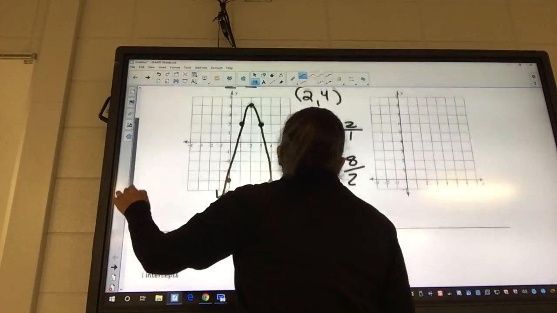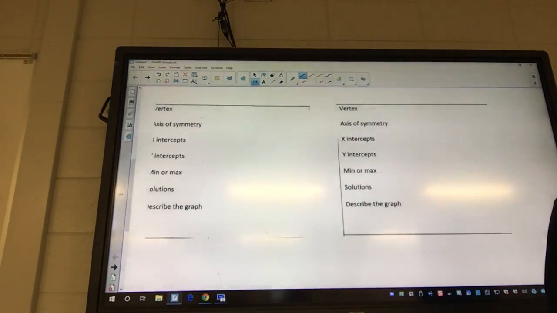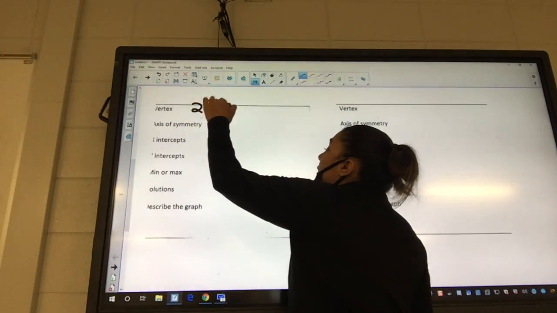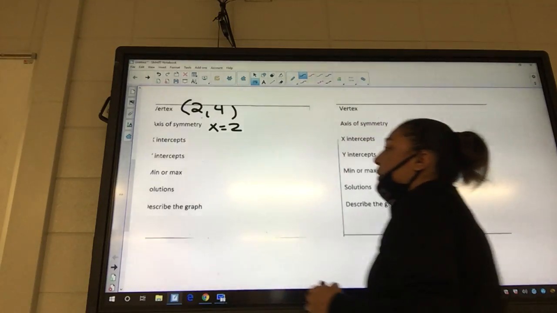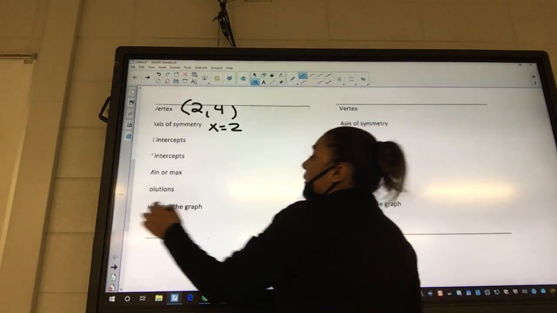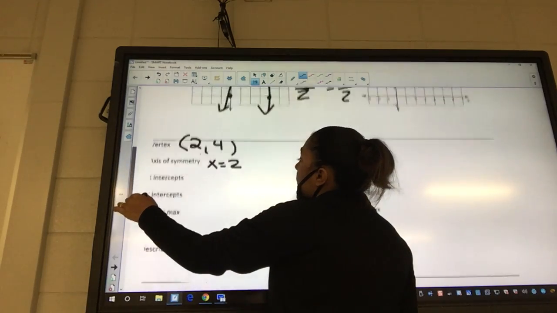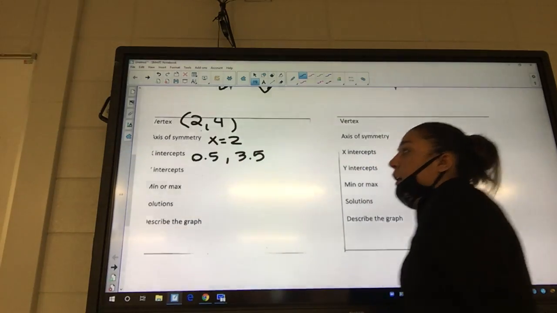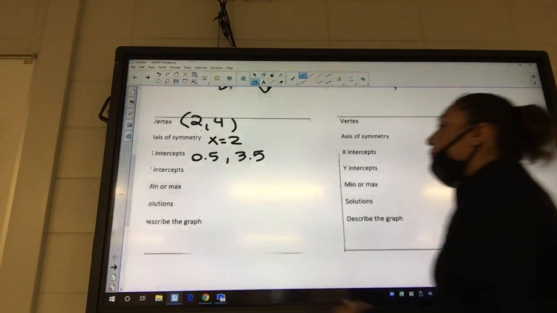Okay, and then it's just a matter of filling out the bottom part. So what is the vertex? 2, 4. Axis of symmetry. X equals 2. X-intercept. 0.5 and 3.5. Y-intercept. -4.